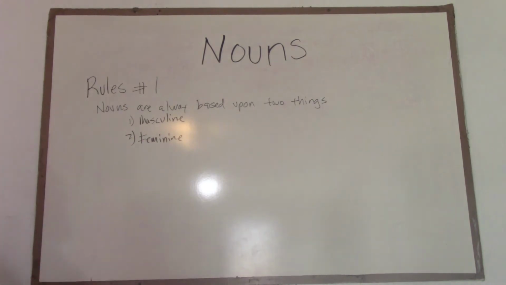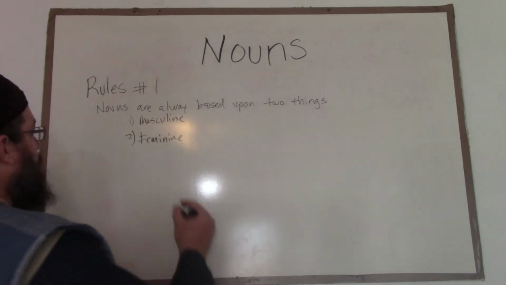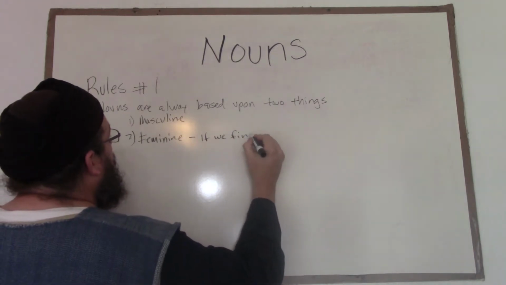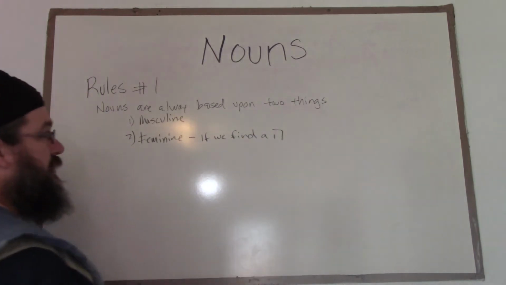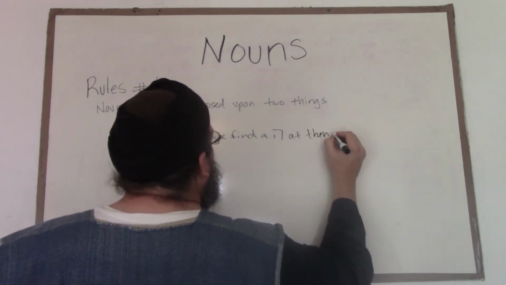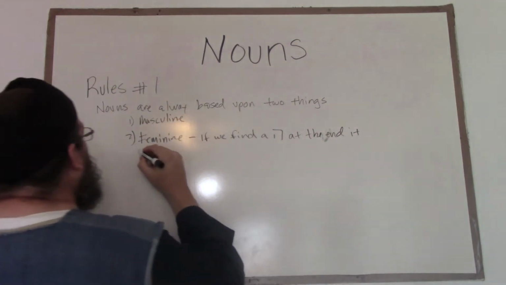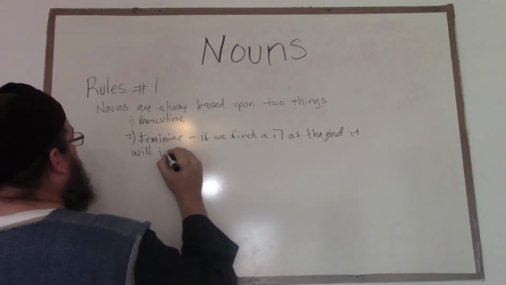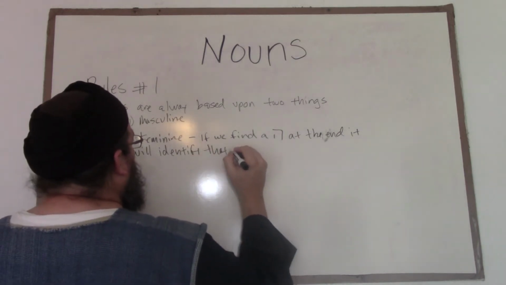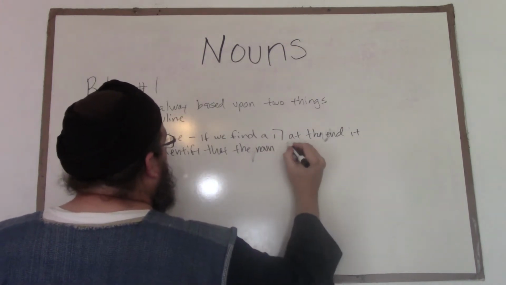How are we going to identify feminine nouns? It's based upon a simple rule: if we find a hey at the end, it will identify that the noun is feminine.